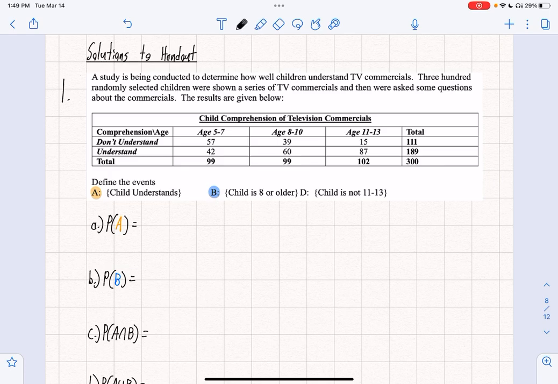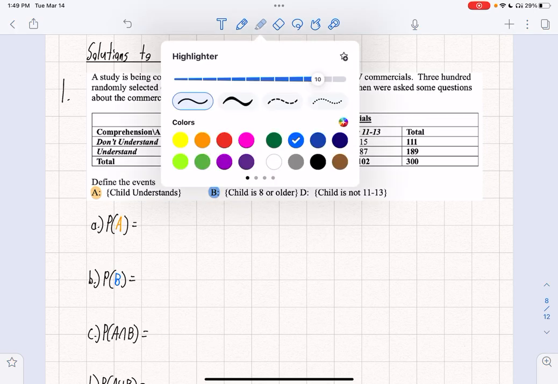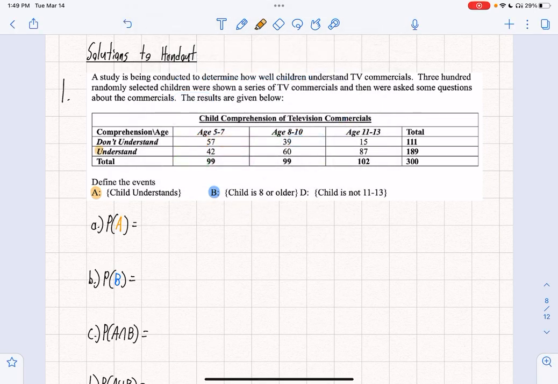Okay, so let's calculate the probability of event A, that the child understands. Understand is this row, and we have our row total of 189. We have a total of 300 subjects, so our denominator here is 300.